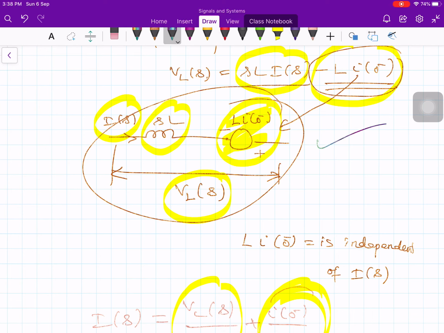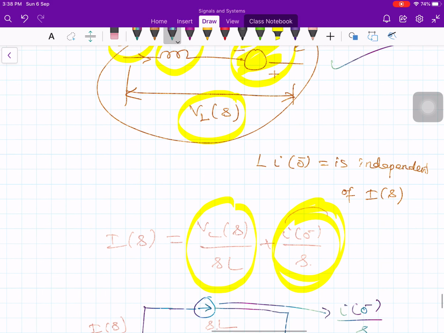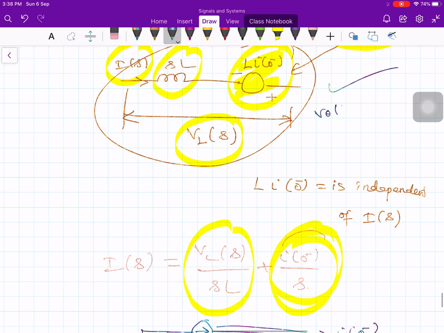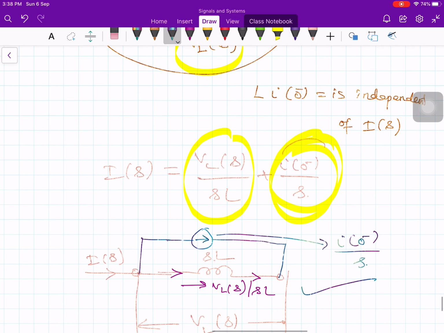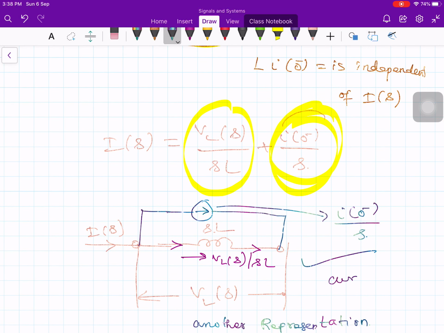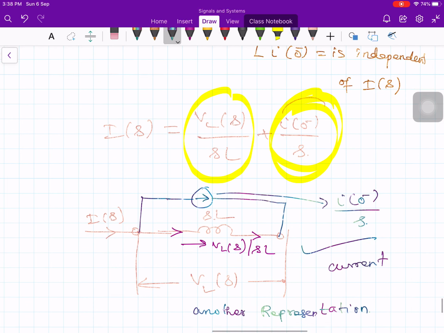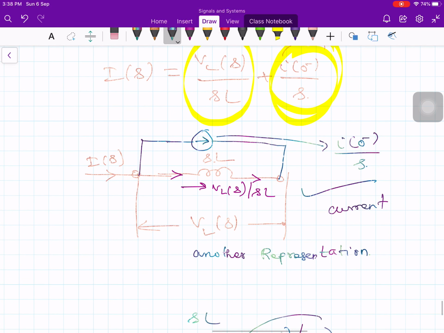Okay, so one incorporates the voltage source, the other incorporates the current source, and here we have voltage source and here we have current source.